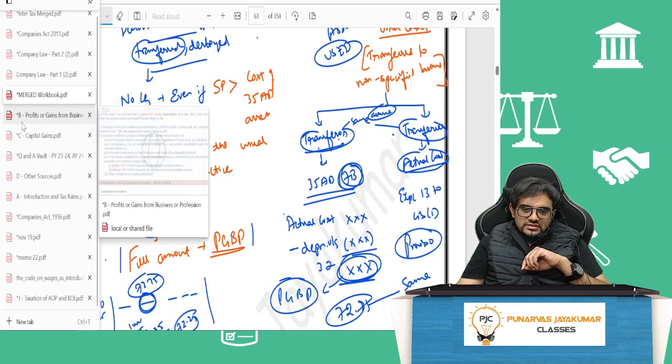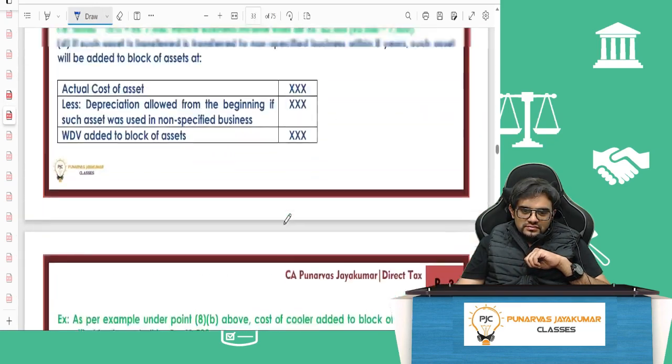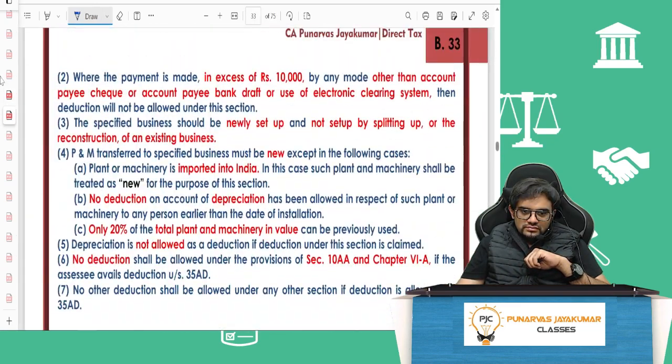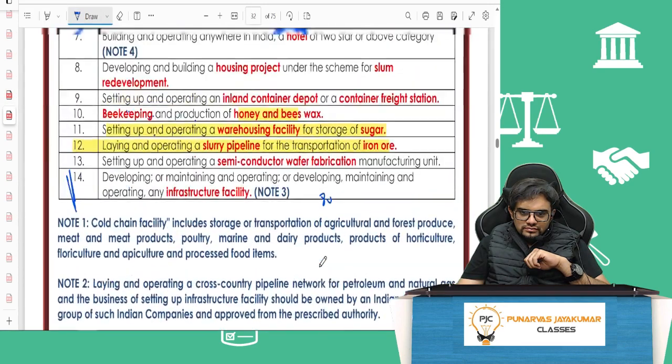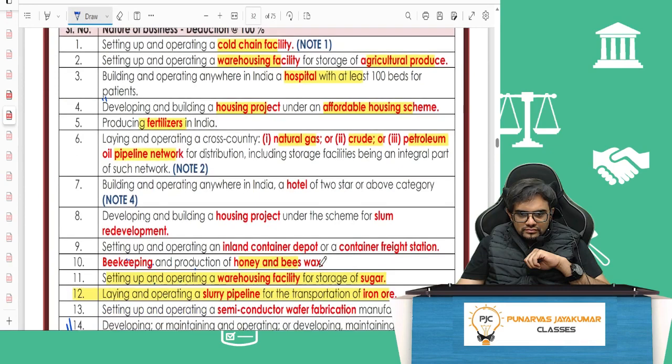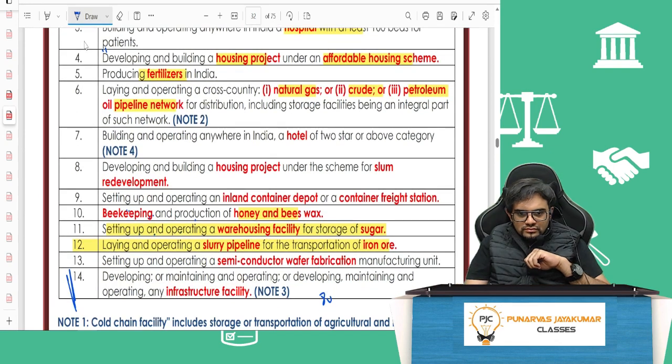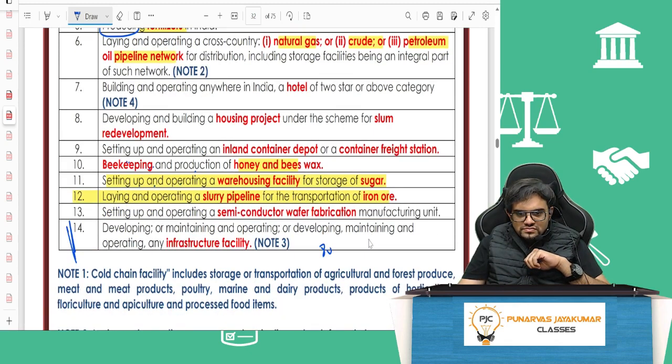If it is producing fertilizers, production of honey wax, setting up a fabrication manufacturing unit.